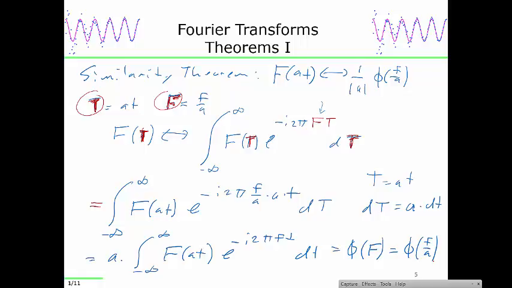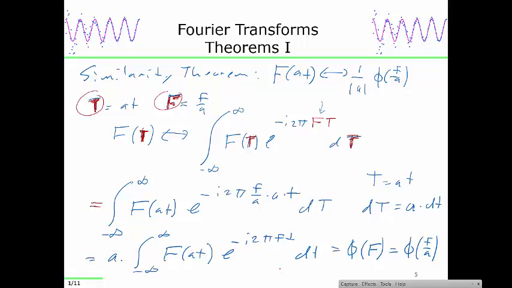You have a question? You know you want to ask it. You're just not sure if you should. So why do we have f over a actually? Why isn't it just a times phi of little f?